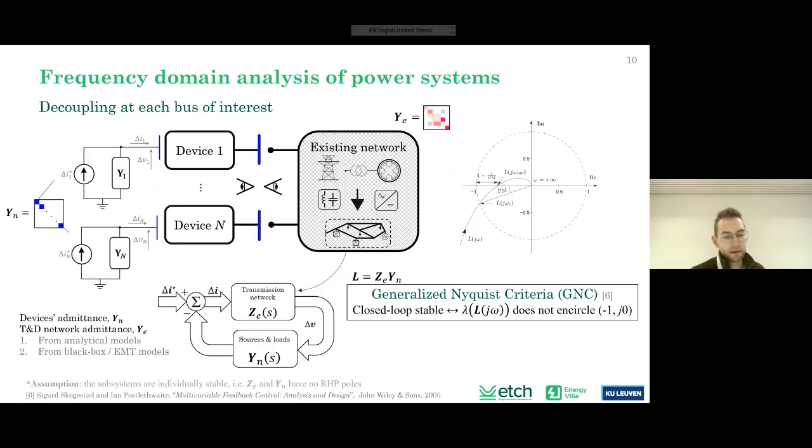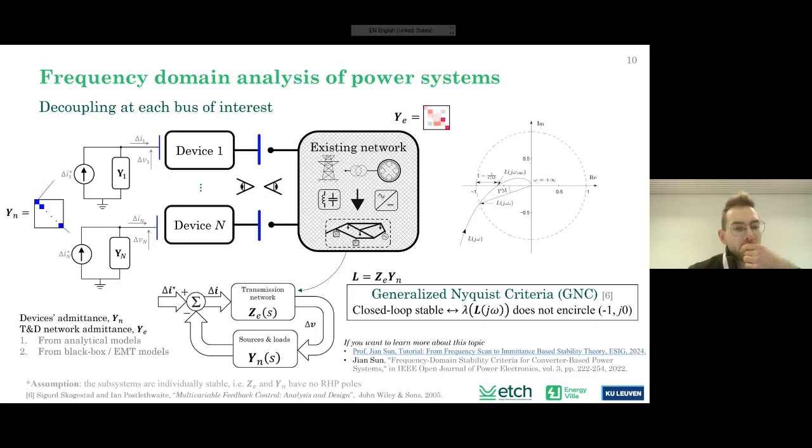Okay, thank you. And then the last question, how do you convert between the different DQ frames of the devices? So the thing is, when you do the modeling of the active devices in your DQ frame, the admittance or the impedance you get from your device will depend on how you rotate your DQ frame, right? This is because those elements are not DQ symmetric in the lower frequency range.